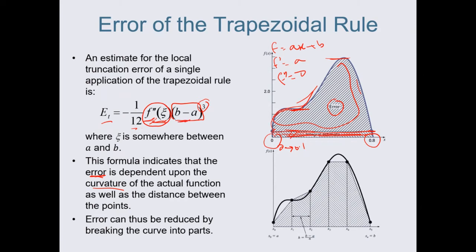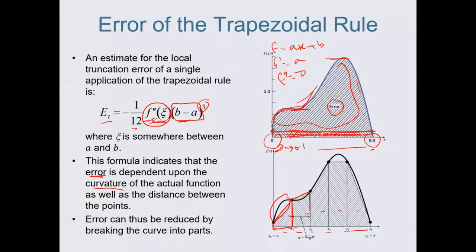Now, we cannot change the fact that we have to integrate from 0 to 0.8. But what we can do is that instead of integrating it all at once, we can break it into parts and then integrate each part and then add up all the areas. So you go from here to here, make a trapezoid, and you add it. Then from here to here, you make a trapezoid and you add it. And you see that once you do this, you are going to be adding more of the area.